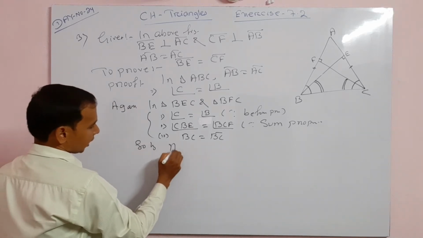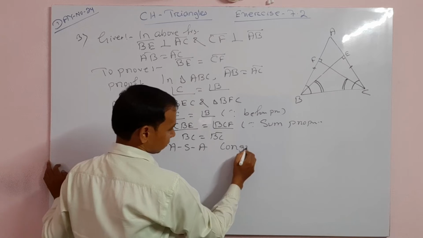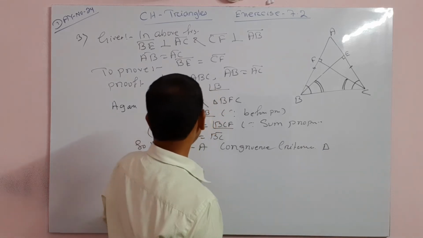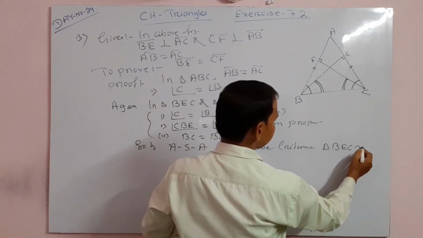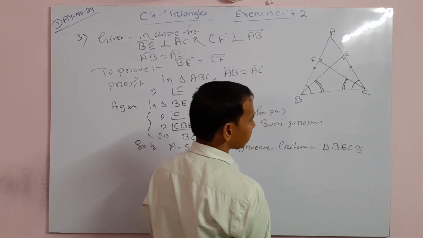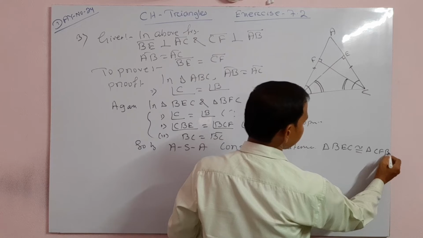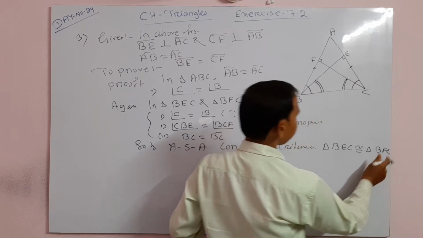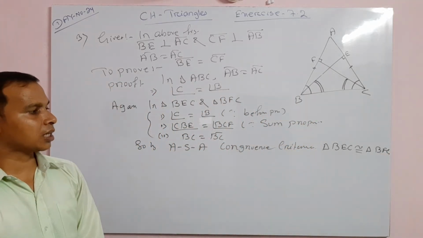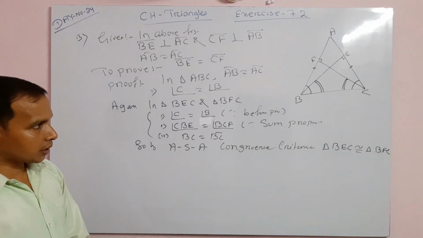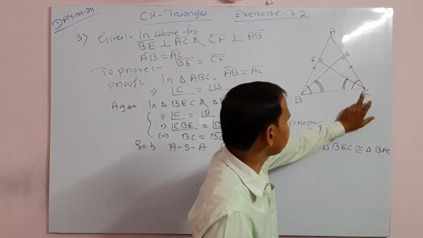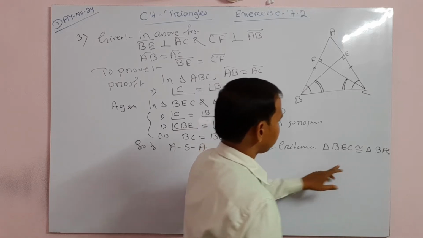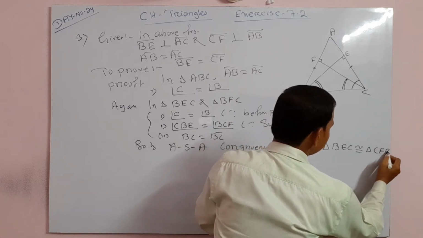So by angle side angle congruence criteria, triangle BEC is congruent with triangle CFB, BFC.